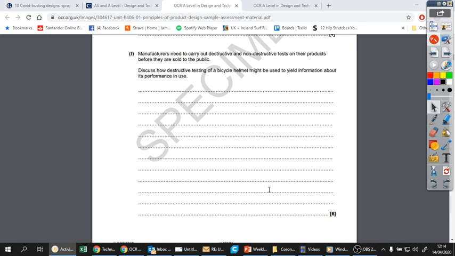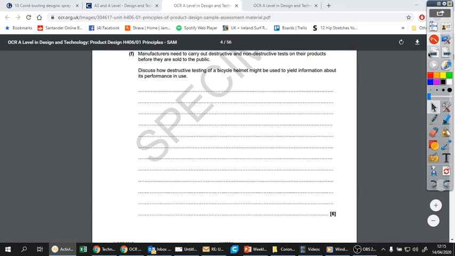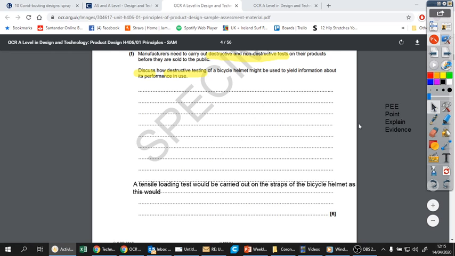Minimum. Now, if it was me, I'd be trying to get 3 different points across to get in that top mark. So I'd be talking about different tests, 3 of them, if possible. But if you've got 2 and you've got your PEE in there, you'll get the marks.